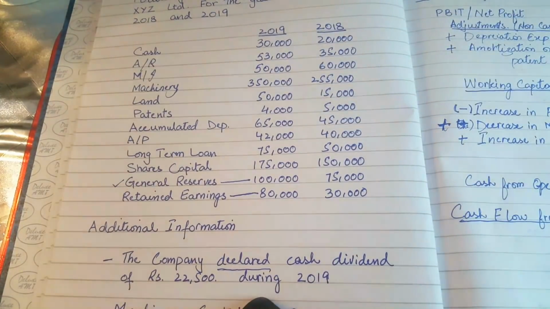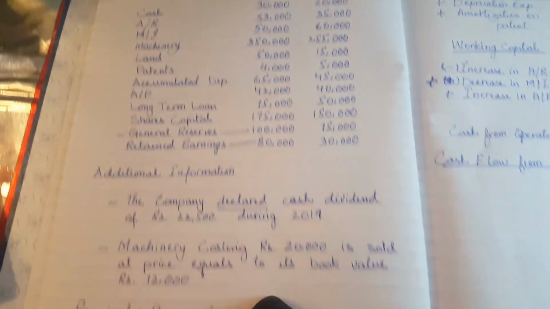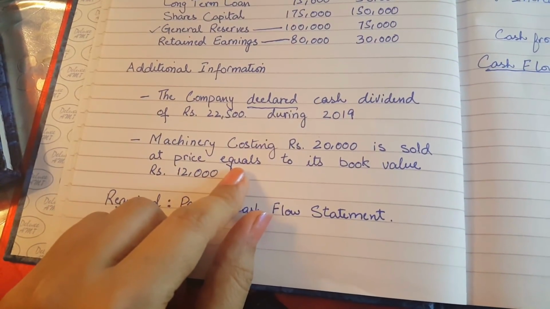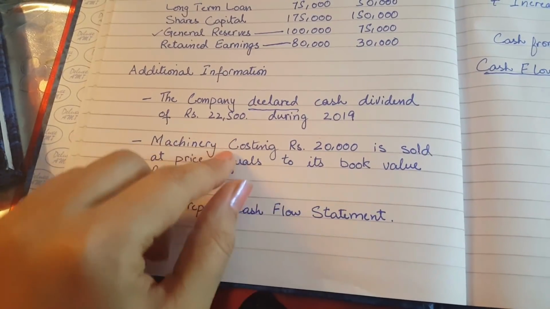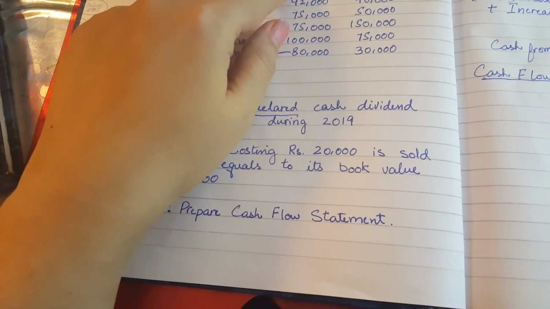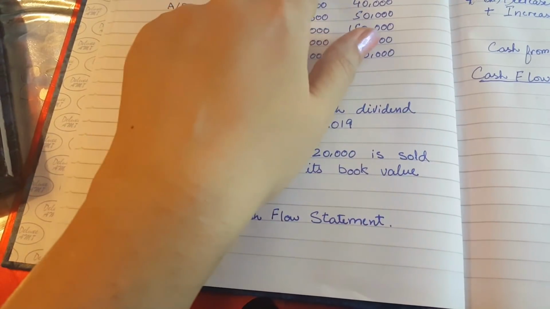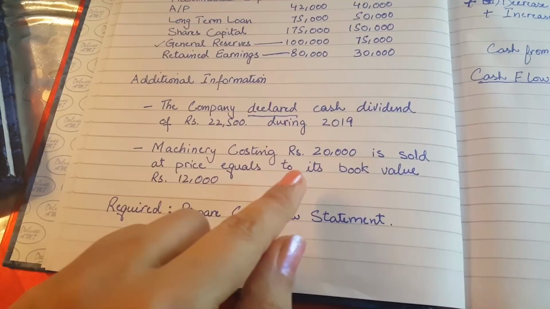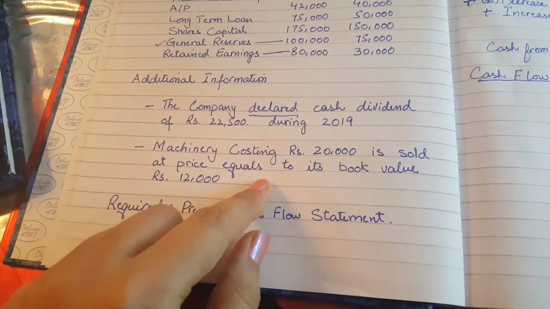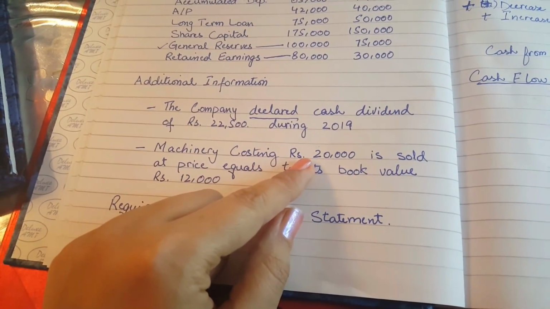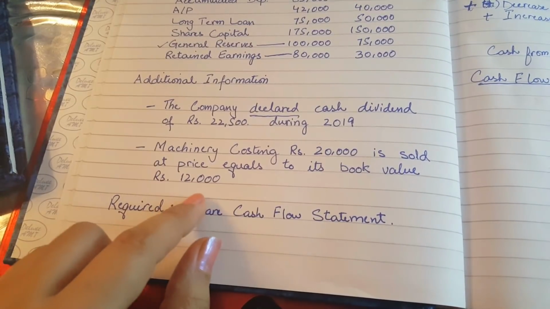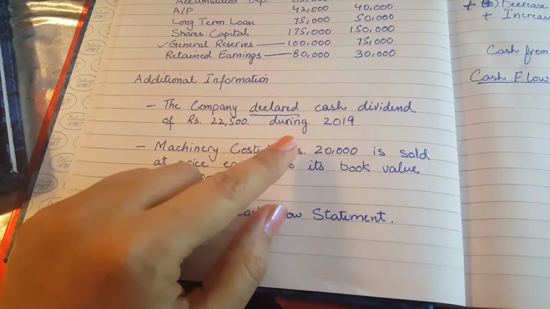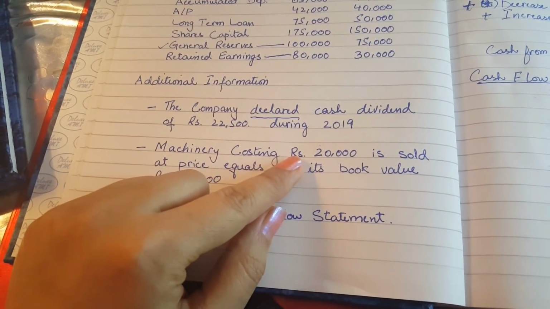So what value do we have to put in the machinery account for this disposal item? As the machinery in the above accounts is shown at historic cost, we will also take the value of the disposal item at historic cost, not the book value. The disposal value will be this 20,000.